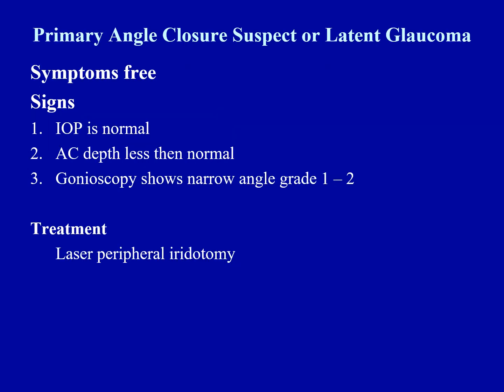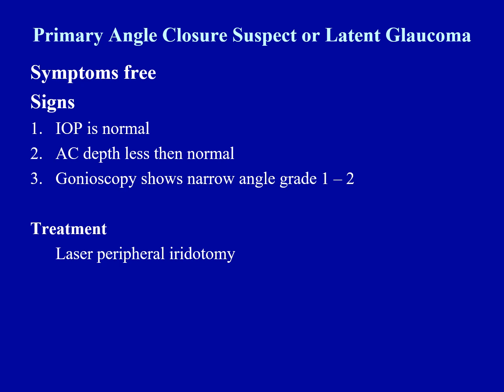So latent glaucoma, or the glaucoma suspect, are those patients who are symptom free. But when you examine the patient, you can appreciate that IOP is normal, but the anterior chamber depth is less than normal. And if you visualize the angle of the anterior chamber with the gonioscope, you come to know that the angle is of grade 1 or 2.